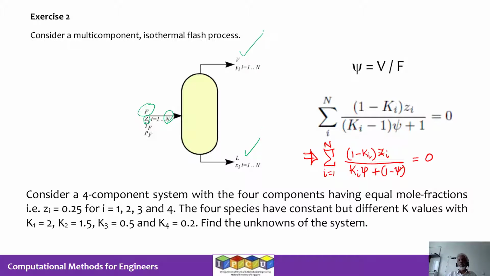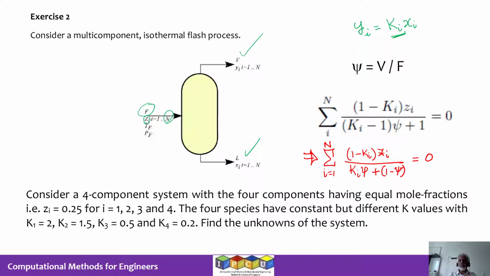The exiting liquid and vapor streams are in thermodynamic equilibrium, and that is modeled, in a very simple form, as yi is equal to ki times xi, because the k value for different species can be different depending on their volatilities. In general, this ki will depend on temperature and pressure, but here we are going to assume that ki's are constant and the values are given.